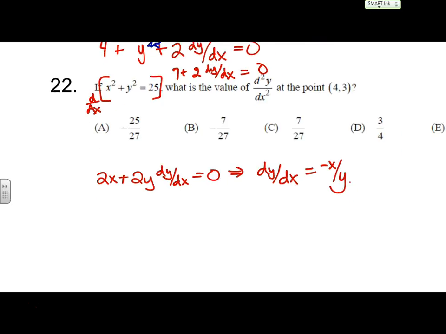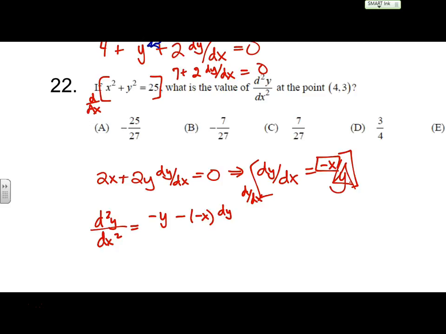But since we do have to take a second derivative, don't we just take d/dx, I apologize, of both sides of this? What do we get? Don't we have a quotient rule? Bottom d top minus top d bottom, that's a dy/dx again, all over bottom squared.